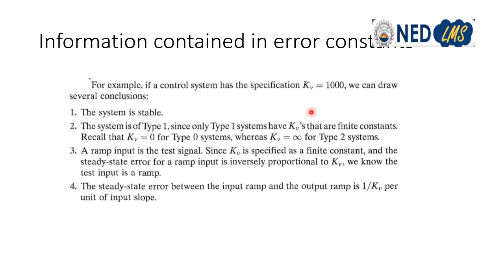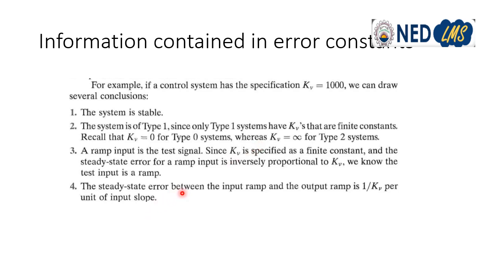It means that first we know that the system is stable, because if the system is unstable, we will not have any error value. Second, because we have a value of Kv, it means there is no value of Kp and Ka, and the system type is 1. So we can say that the system is stable and of type 1, because only a type 1 system has a Kv value.